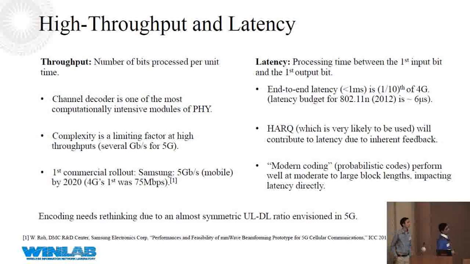Now when you talk about several gigabits for 5G, just to give a ballpark figure of what the community is targeting, for instance, Samsung announced in ICC 2013 that the first rollout is going to be 5 gigabits per second for the mobile handheld terminals by 2020, which, if you compare it with 4G, was 75.